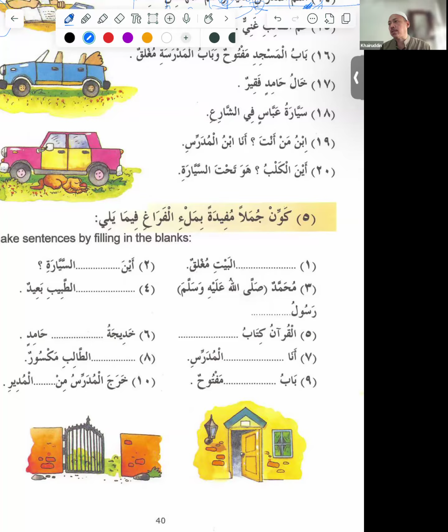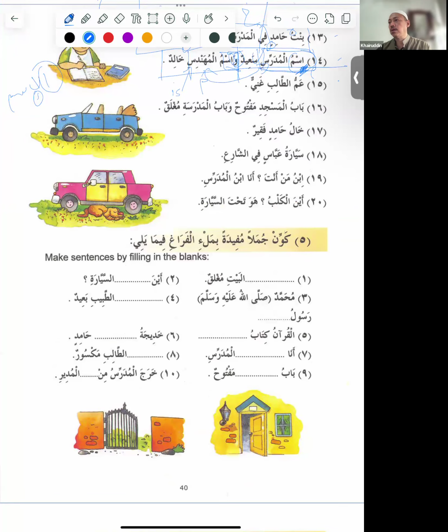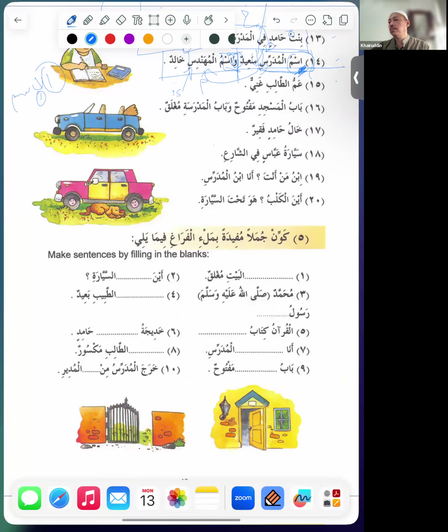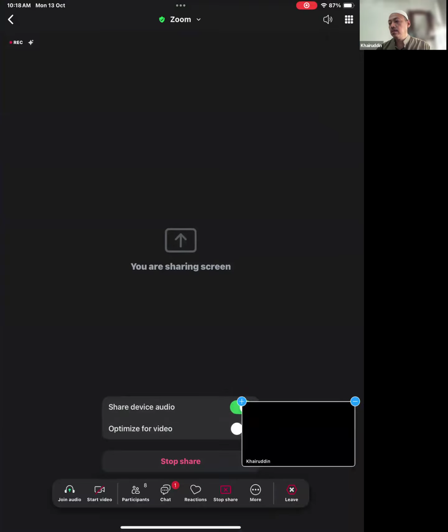And we ask Allah to grant us closeness with the Prophet sallallahu alaihi wasallam through our lessons. Al-Fatih. Bismillah.